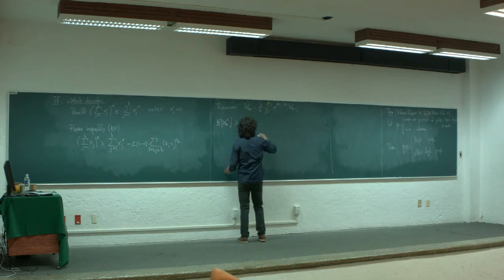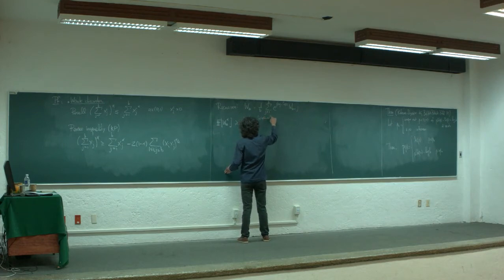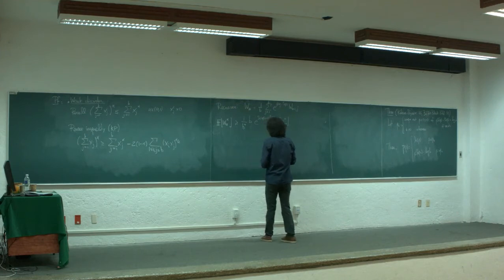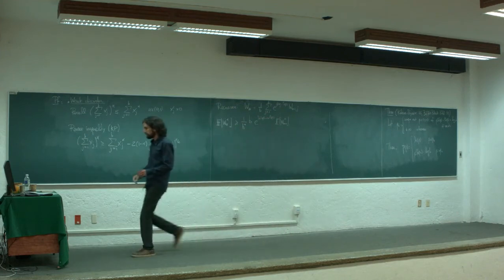When I integrate this quantity, what I get is exponential of lambda of alpha beta minus alpha lambda of beta. And finally, the fractional moment of W_{n-1}. Okay, that's the first piece.